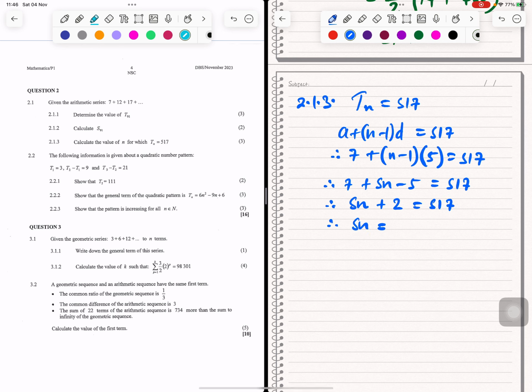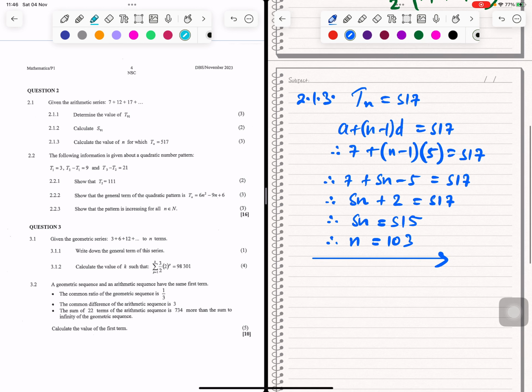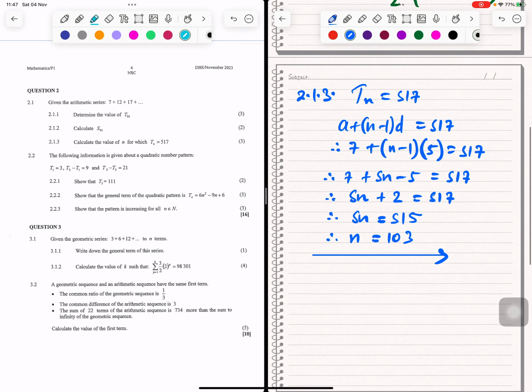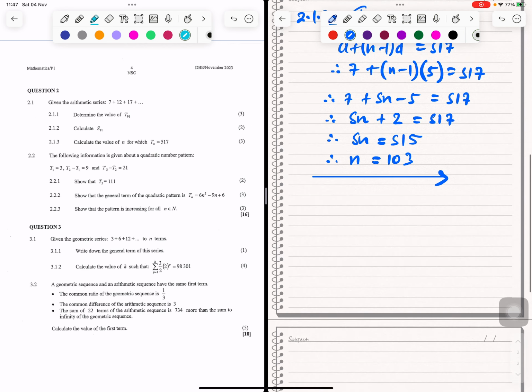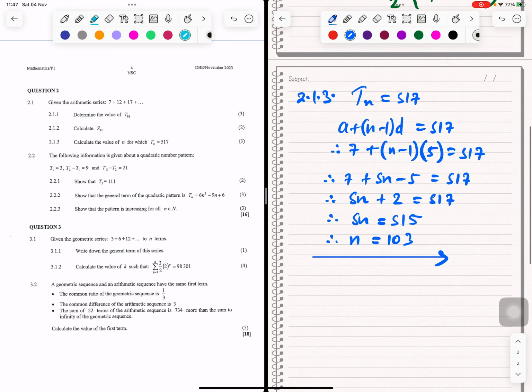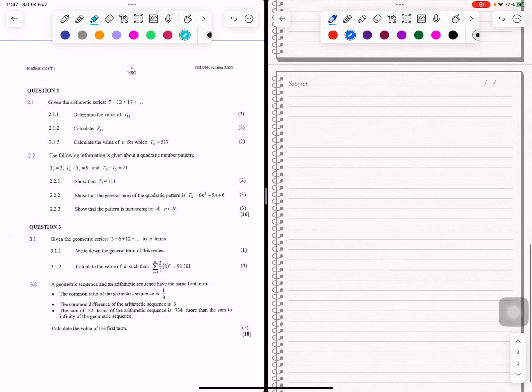Therefore, 5n is going to be equal to 517 take away 2, you are going to get 515, and then you have to divide both sides by 5, and then you're going to get n as 103. So that is the value of n. Okay, this wasn't really bad at all, and that's how you're going to answer 2.1.3.